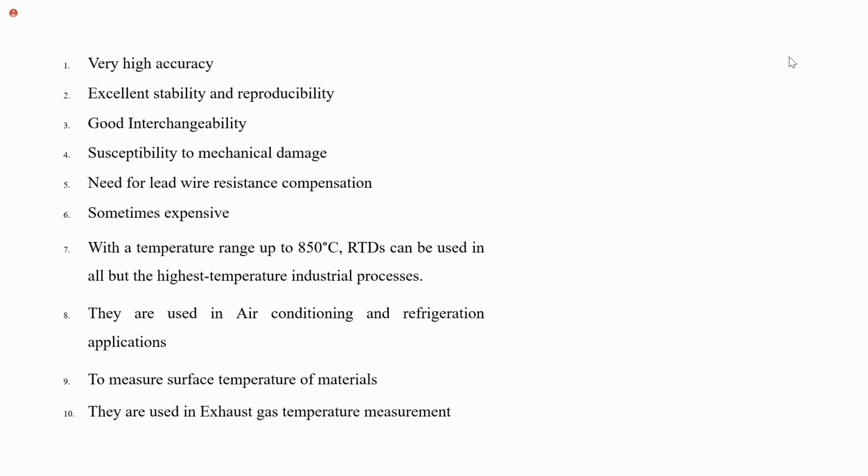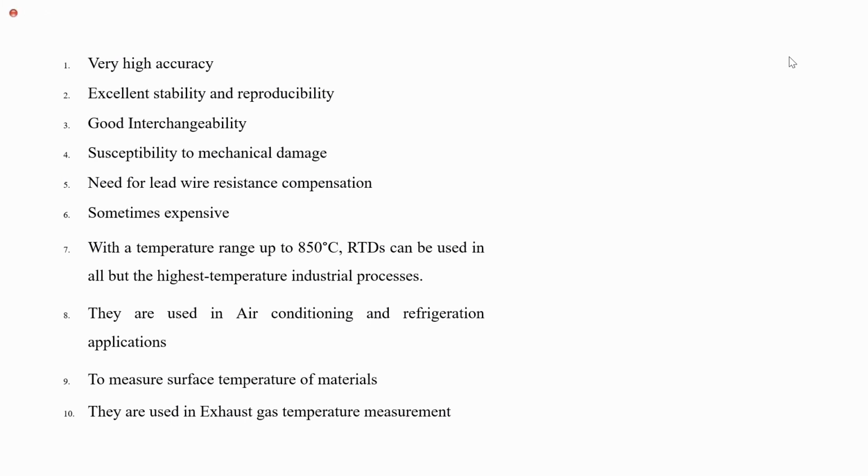Next, susceptibility to mechanical damage, since it has to bear different kinds of situations during operation. Need for lead wire resistance compensation. Sometimes expensive, with a temperature range up to 850 degrees Celsius.